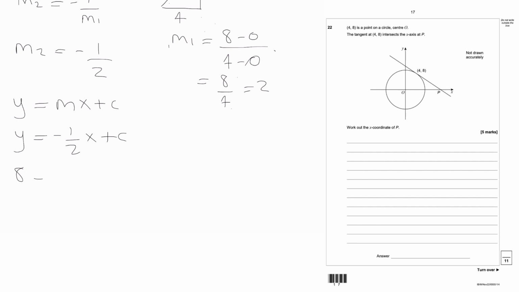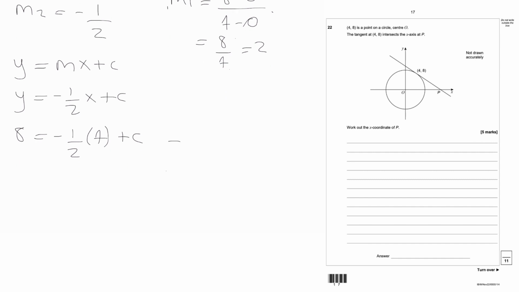So we have 8 equals minus a half times 4 plus c. Rearranging, 8 equals minus 2 plus c, and therefore 8 plus 2 equals c, so c equals 10.